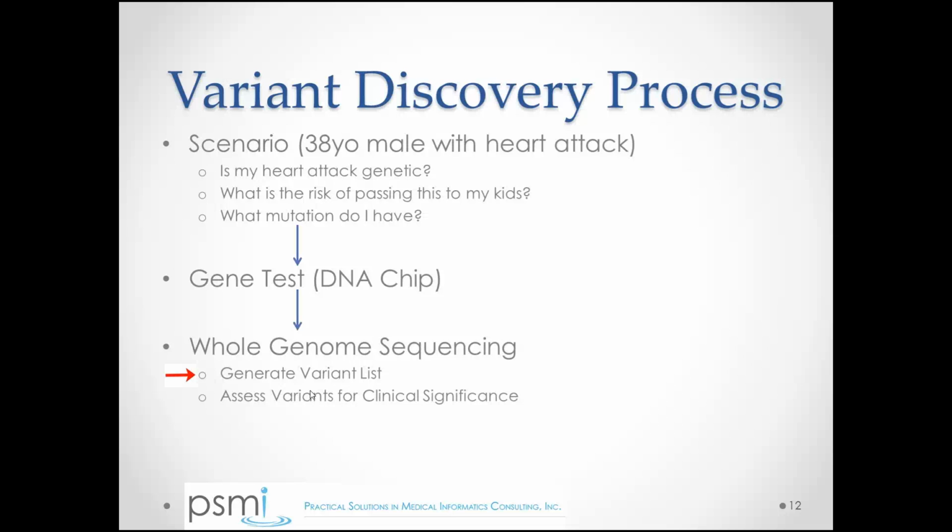And then next is also a bit of an informatics, bioinformatics clinical process where we take that list of variants and we try to figure out which ones are clinically significant and which one in particular may be the culprit pathogenic variant in this case. What we're going to do for the next handful of slides is go through the bioinformatics process whereby whole genome sequencing yields up a variant list, okay?